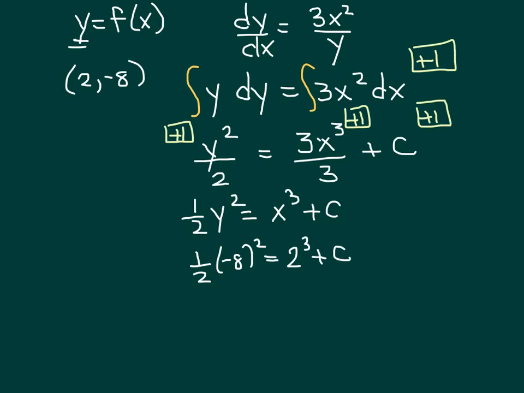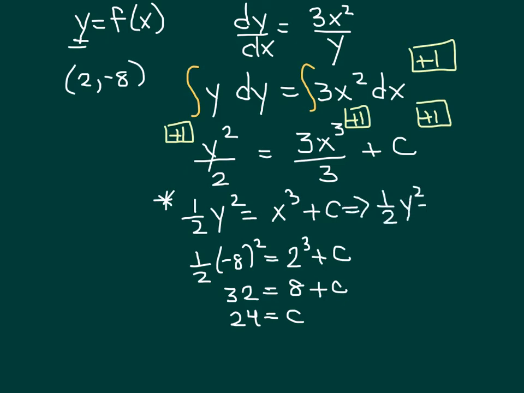Well, -8 squared is 64, divided by 2 is 32, and this is 8 plus c. Subtract 8, and we get c is equal to 24. Okay, now we take that c and put it right back here into this equation. So now I have 1/2 y squared equal to x cubed plus 24.